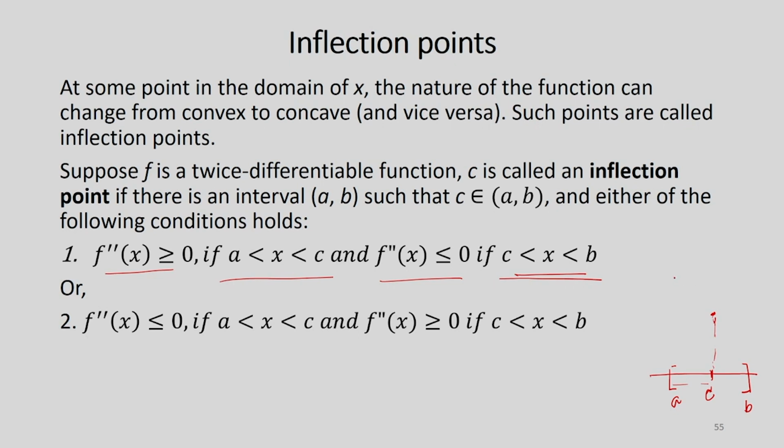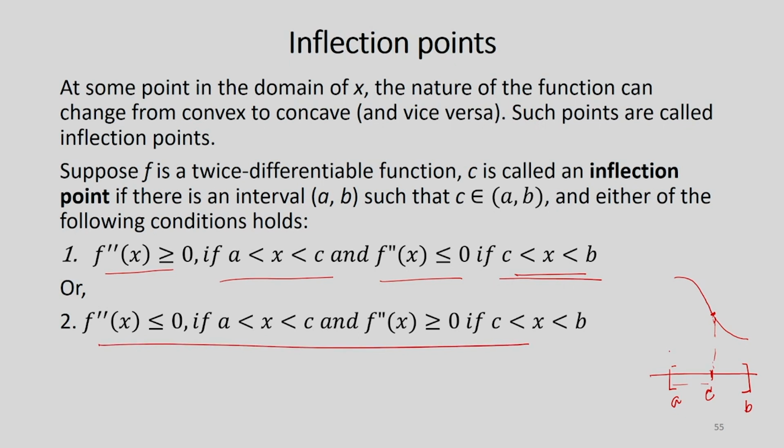Second derivative is negative means what? It is something like this, it is a concave function, right. It is becoming more and more steeper in a negative way, and to the right of c it becomes a convex function. How does a convex function look like? It looks like this, okay.